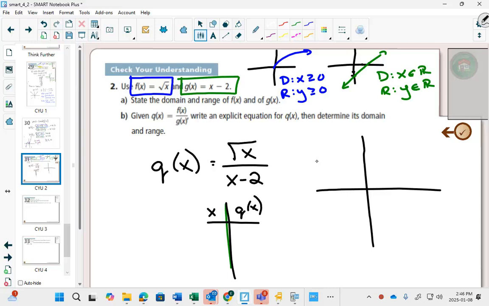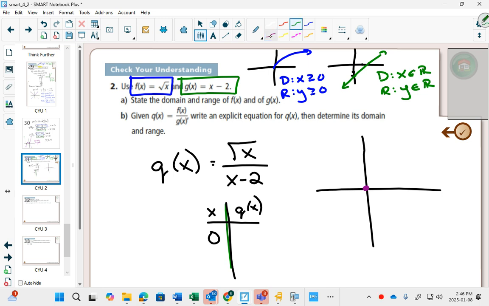So for example, there's no blue graph when x is negative. There's going to be no Q of x when x is negative. Which makes sense because you have the square root built into your graph. Can I plug in a negative number? Absolutely not. I could plug in 0, and if I plug in 0, 0 divided by negative 2 will give me 0. So I'd have 0 comma 0.